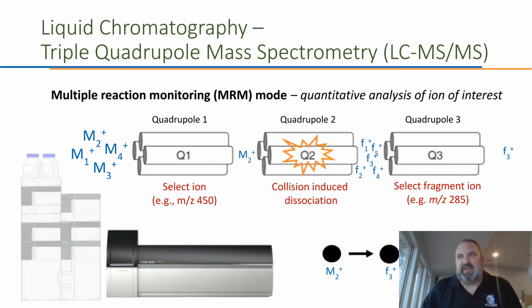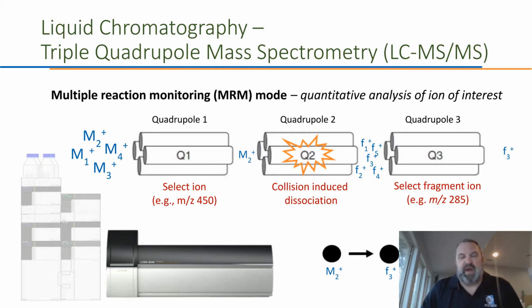Just like the last one, we have this mixture of ions. We use the first quadrupole to select an ion of interest. This is called the precursor ion. That's the molecule we may be interested in quantifying. When we develop the method, we'll fragment that through Q2, generate a set of fragments, and then pick a particular fragment for the third quadrupole to monitor specifically.